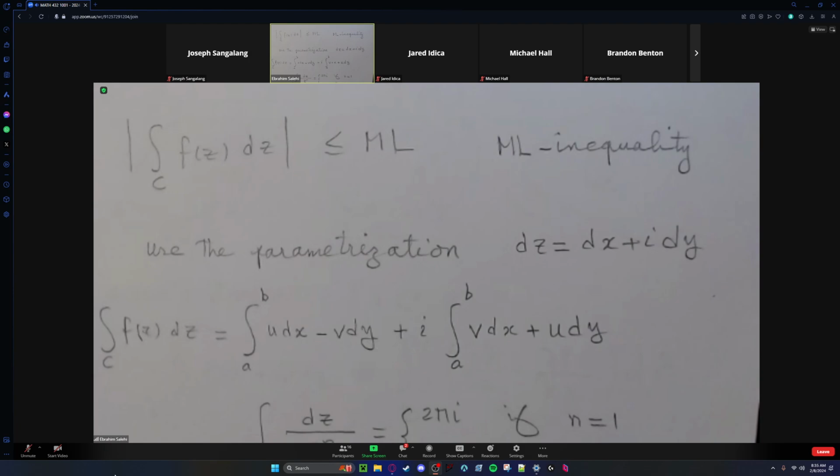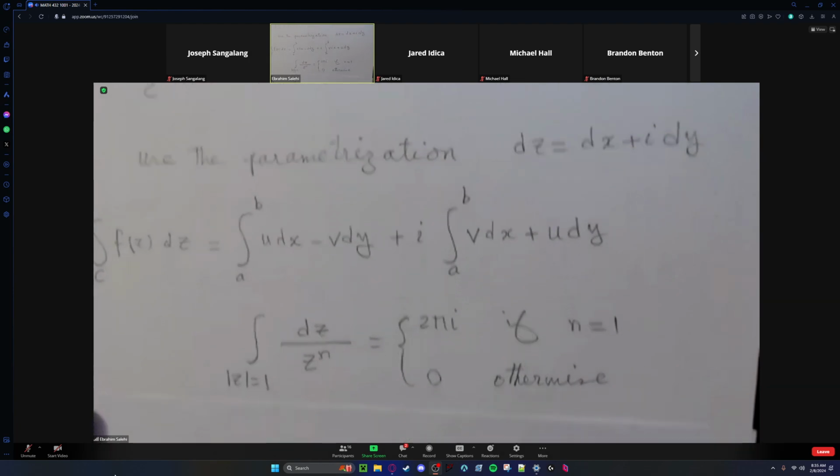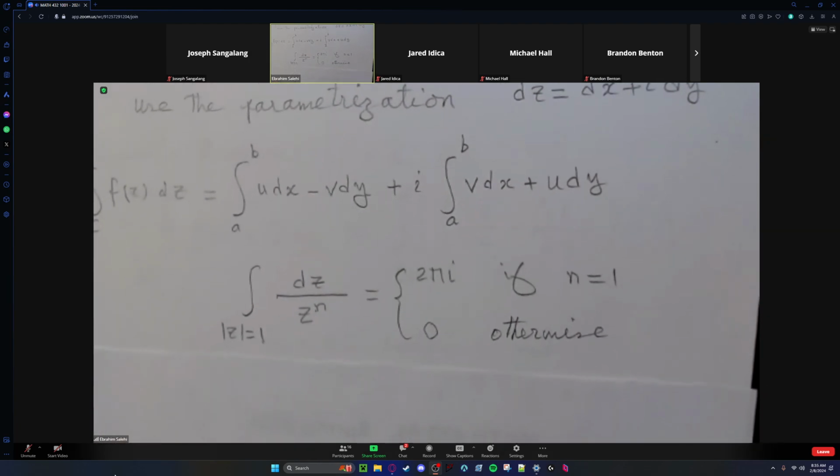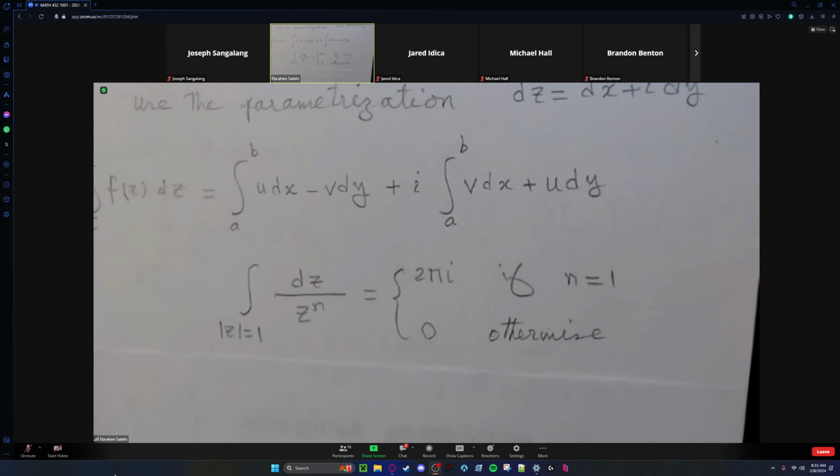Among the important formulas that we discovered was the integral of dz over z to the n. When n here is 1, the integral of dz over z, then you integrate over this unit circle or any circle centered at 0.